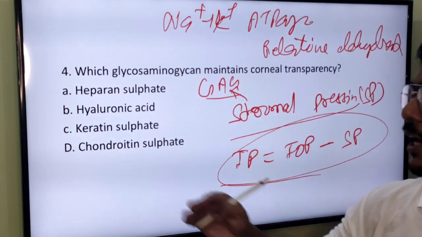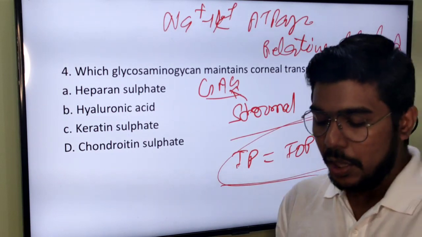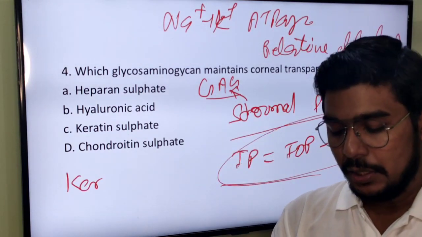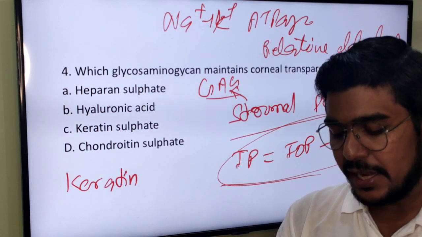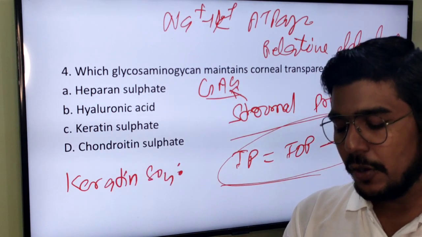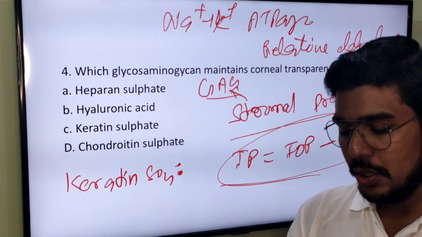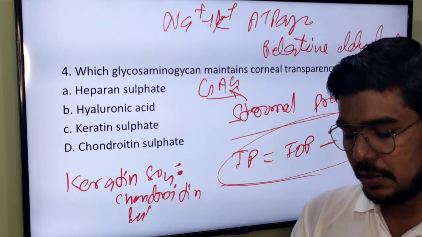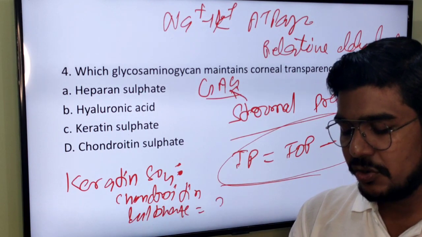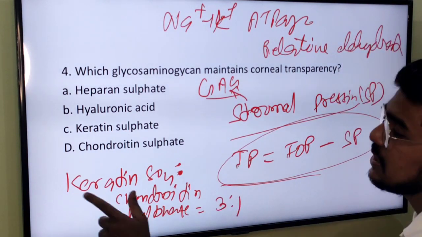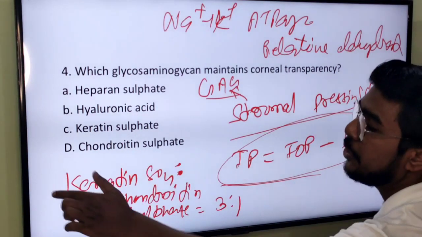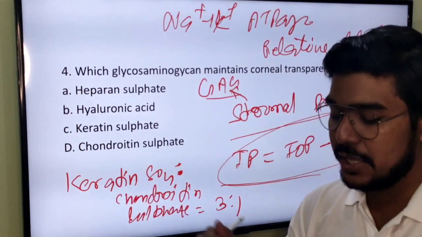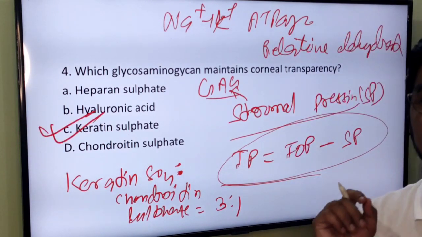Now these are all the glycosaminoglycans, and you need to know that in the stroma, the ratio of keratan sulfate to chondroitin sulfate is 3:1, meaning the abundance of keratan sulfate is more, which contributes more to this pressure, which contributes more to the corneal transparency. So the answer here is C, keratan sulfate.